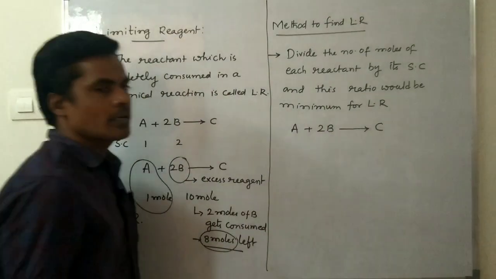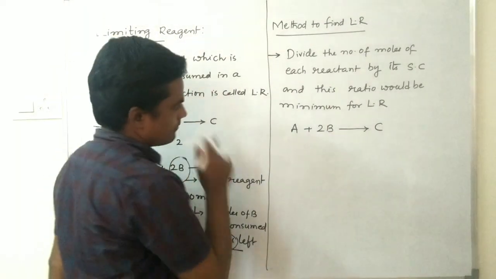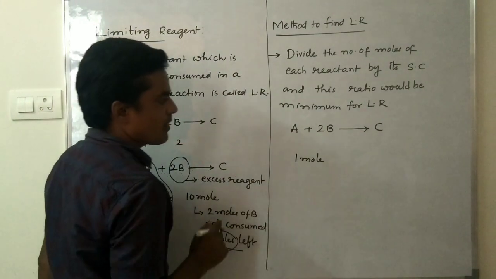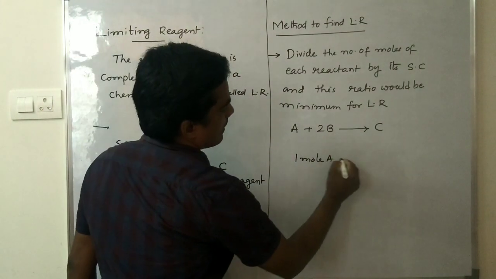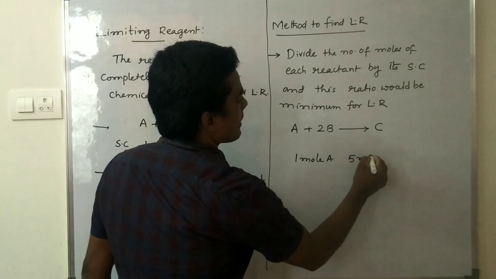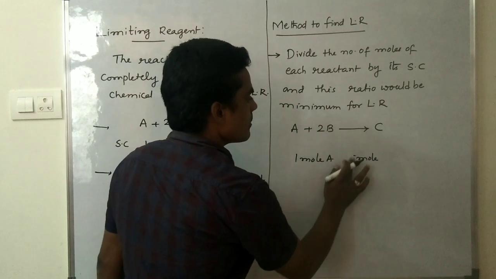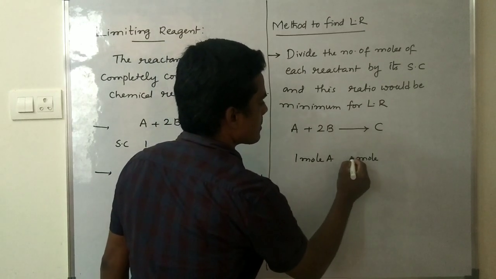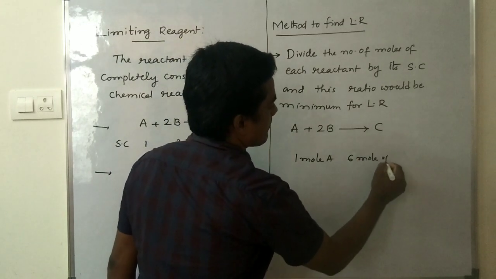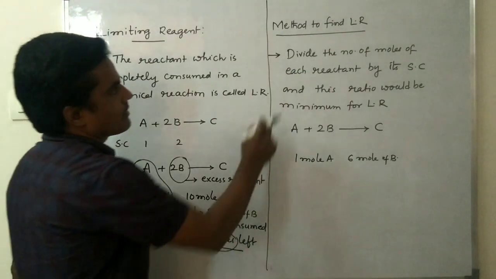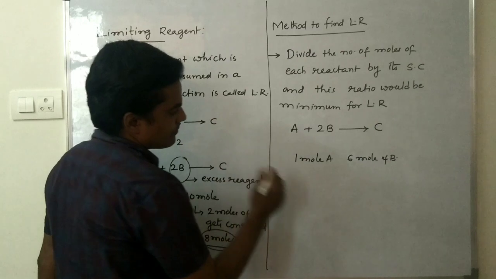For example, A plus 2B gives C. It is a stoichiometric equation. Initially 1 mole of A and 6 moles of B are taken. Now how to find the limiting reagent?